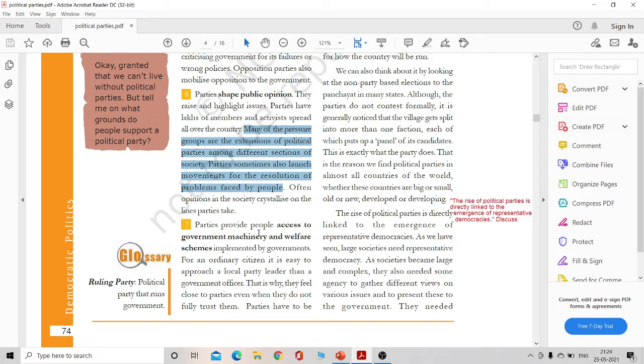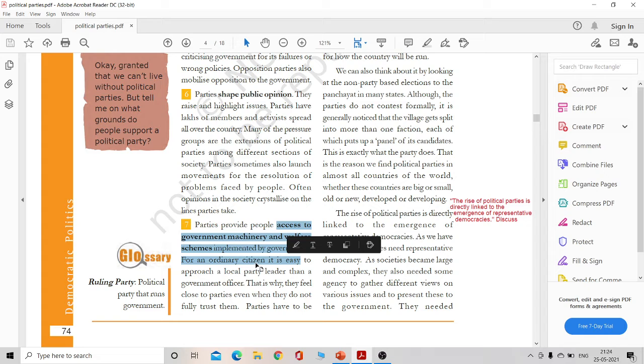The next function is that people access government machinery and welfare schemes implemented by the government. So who is doing that? The parties provide this platform. For an ordinary citizen, it's not easy to approach a local party leader and say, this is the problem that I have, right?